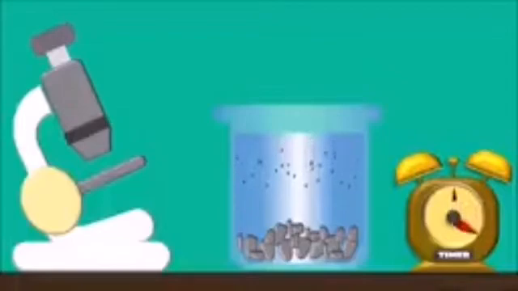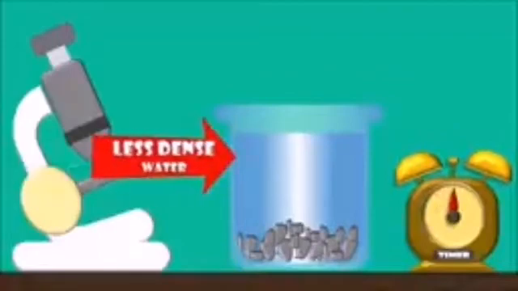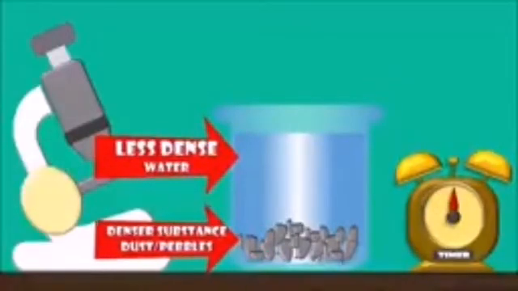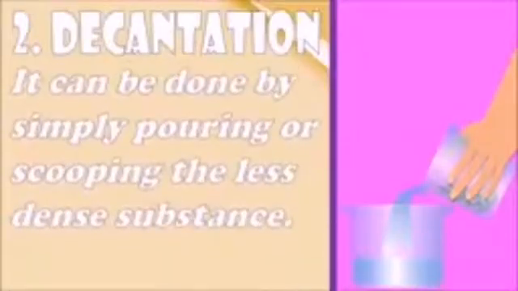In this process of decantation, the mixture should be left undisturbed. It can be done by simply pouring the less dense substance into another container or by scooping using a spoon or cup.